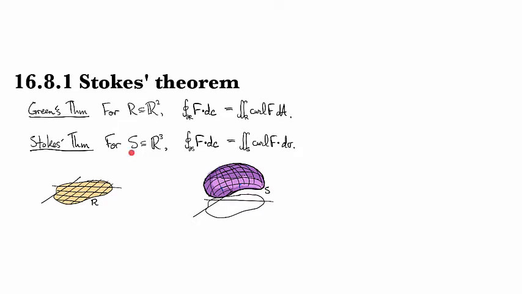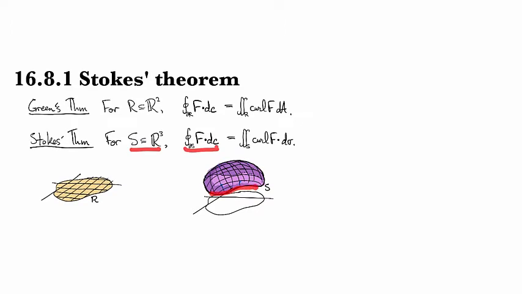So if we have a parametrized surface in R3, then the circulation integral, f dot dc, where c here is the curve that's running around as the boundary of this surface that I've sketched out here, the integral around that one-dimensional boundary is going to be equal to the double integral of the curl dot d sigma, which is the parameterization of S.